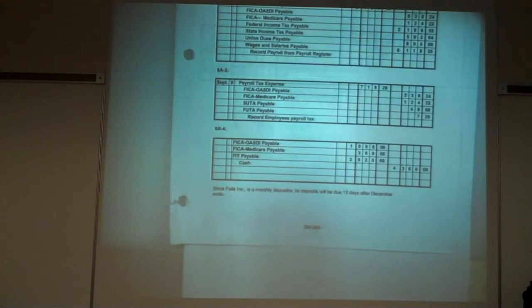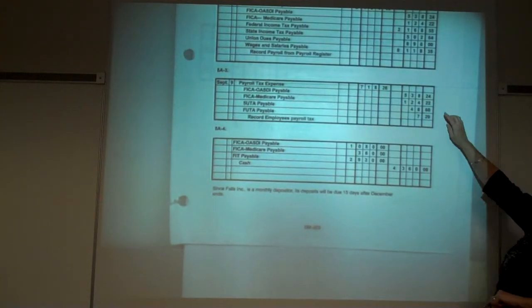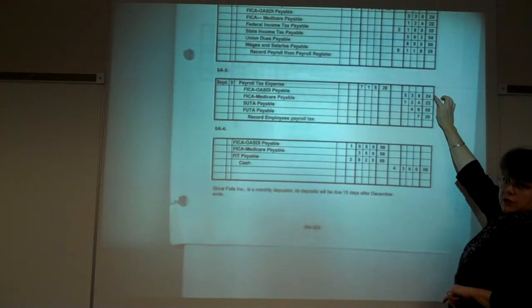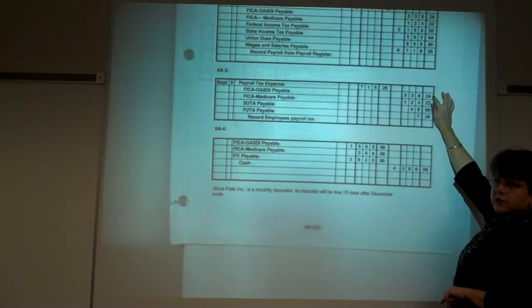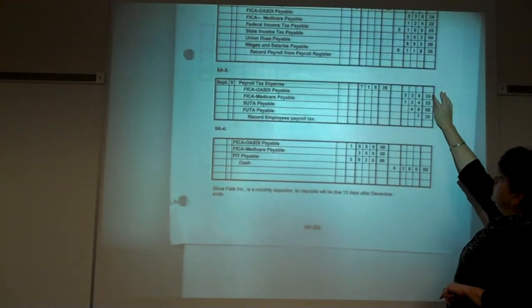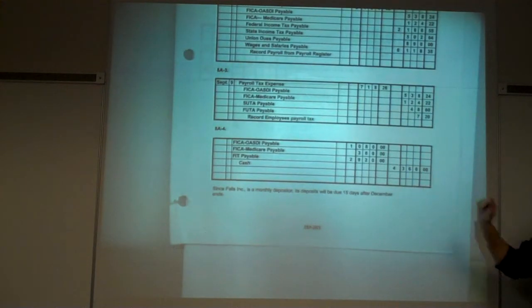Remember my story about the school districts in San Antonio. They do not withhold the OASDI. They have to withhold the Medicare, but this is a huge expense for employers. They have to match it. Which is why it's doubled in there, right? It's doubled when we make the payment.